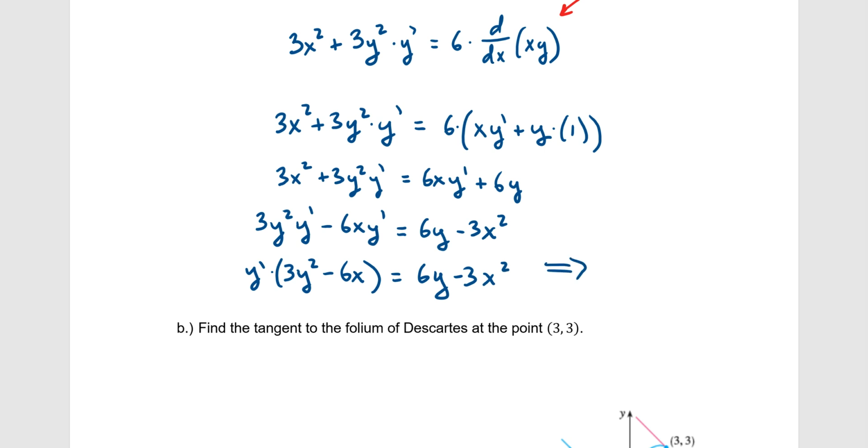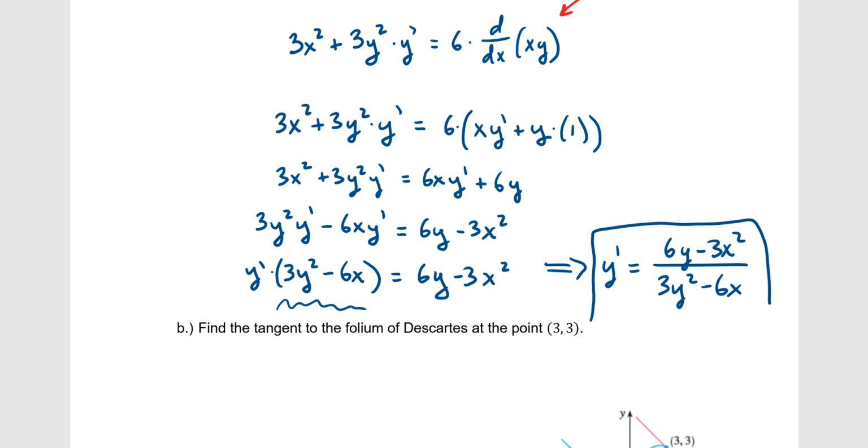All we have to do is divide both sides by whatever's in these parentheses, and we get y prime equals 6y minus 3x squared over 3y squared minus 6x. So there is the derivative. And if you really want to, it looks like you could factor out a GCF of 3 in the numerator and denominator separately and then cancel that common factor of 3. I'm just going to leave it like this.